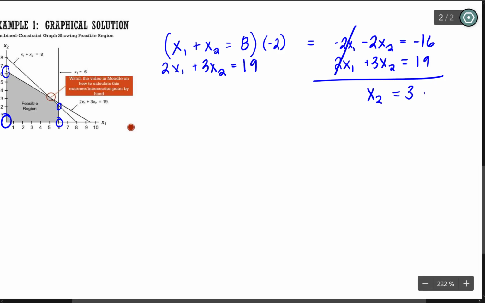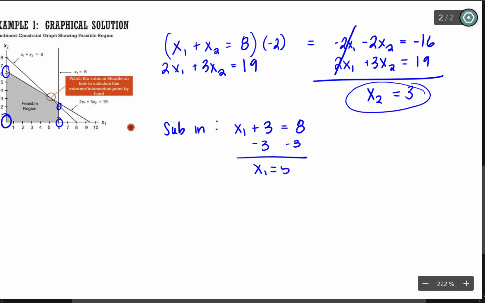So from there, we're halfway there. We have x2 equals 3. We can take that and sub that back into equation 1 or equation 2 and find that we have x1 plus 3 equals 8. Or if I subtract 3, I have x1 equals 5.